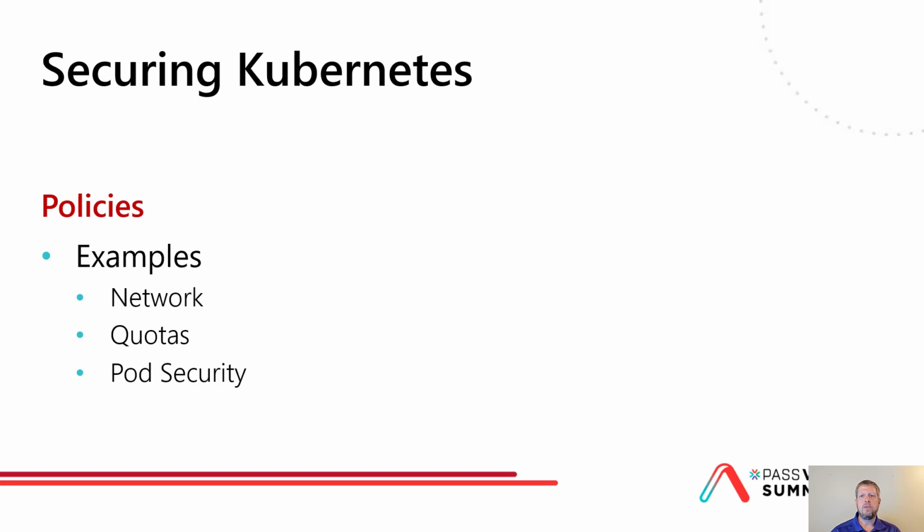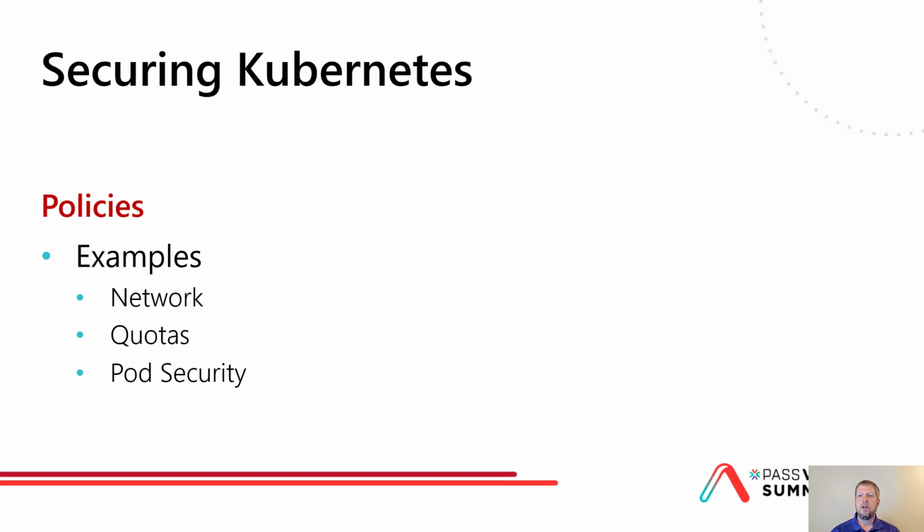A couple examples of the way that you can secure Kubernetes with policies are network policies, which specify how a pod is allowed to communicate with other entities on the network. An entity can be a pod, it can be another service, and so on. This is how you would handle some of those situations I mentioned a couple of slides ago.